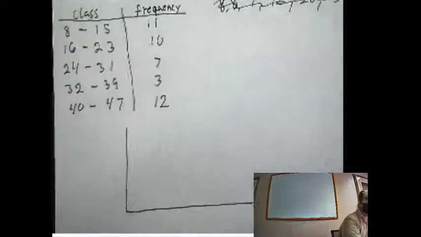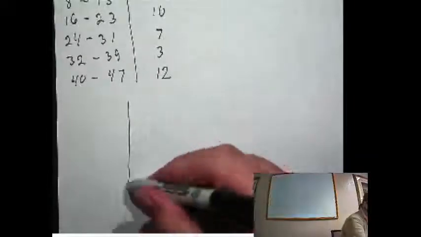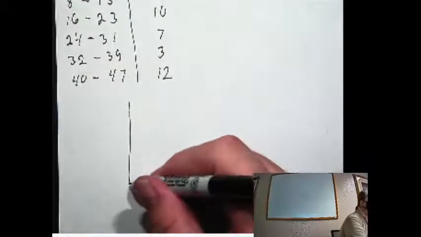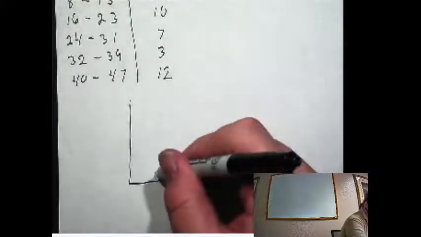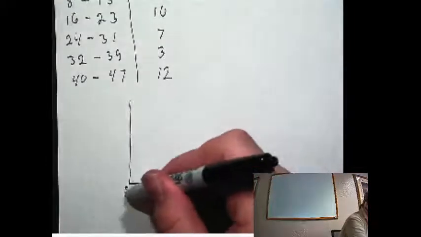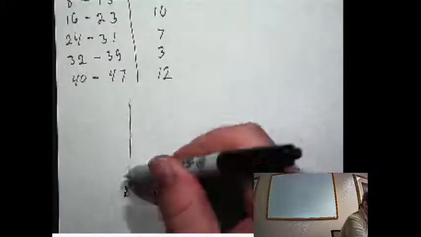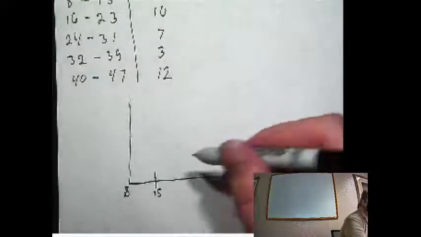Okay, so again, I have classes here. So my first class goes from 8 to 15. And because this is continuous data, I want to actually call my classes their widths. So 8 to 15 is this class right here.